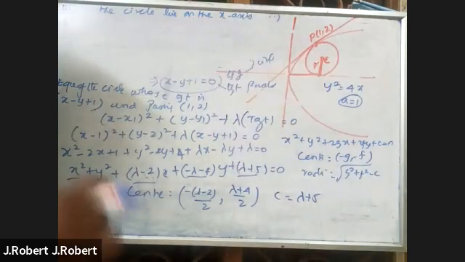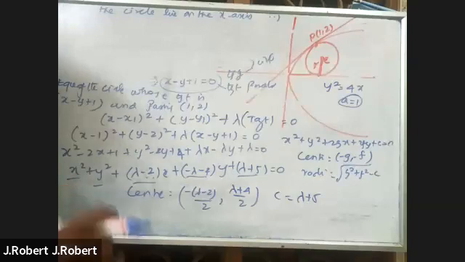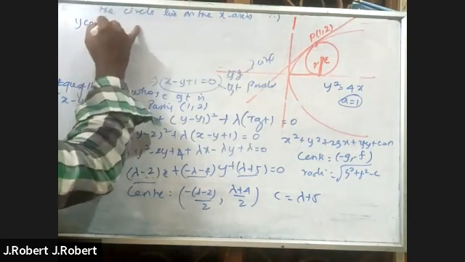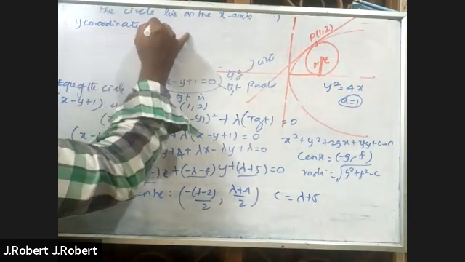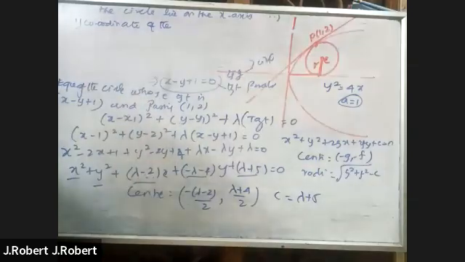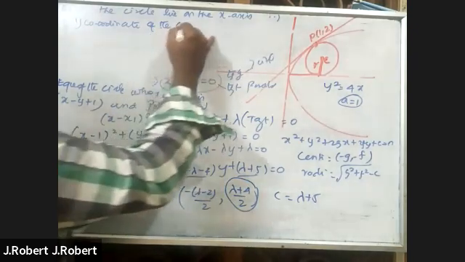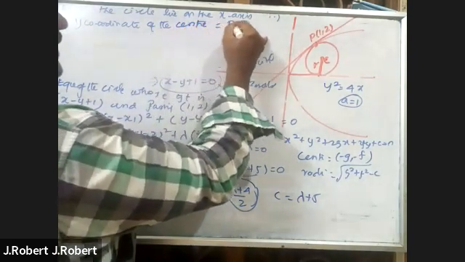If any circle lies on the x-axis, the radius is nothing but the y coordinate of the center. The y coordinate of the center is lambda plus 4, so the y coordinate of the center is equal to the radius.